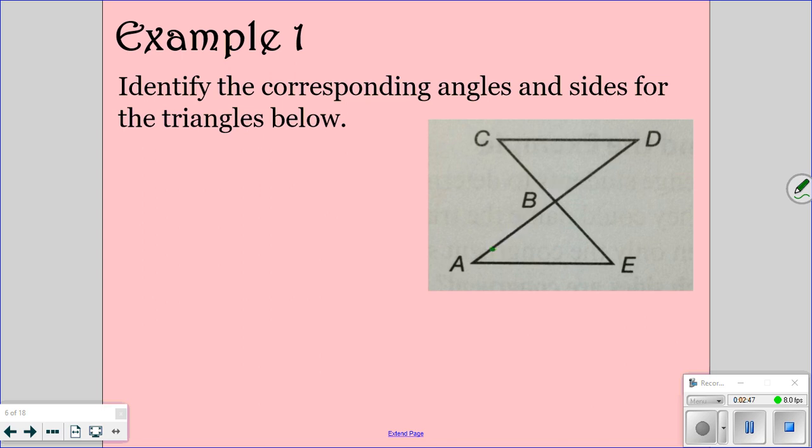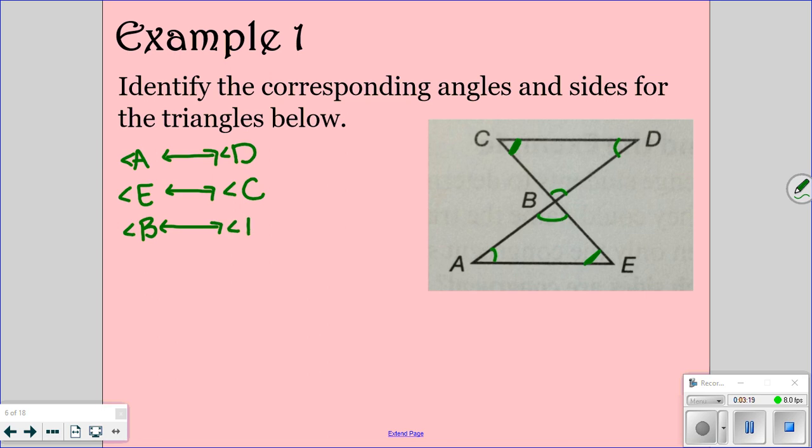Angle A is corresponding to angle D. And so you can write a little arrow for corresponding. So angle A corresponds to angle D. Angle E over here corresponds to angle C. And then angle B corresponds to angle B. So that would be how the angles correspond.